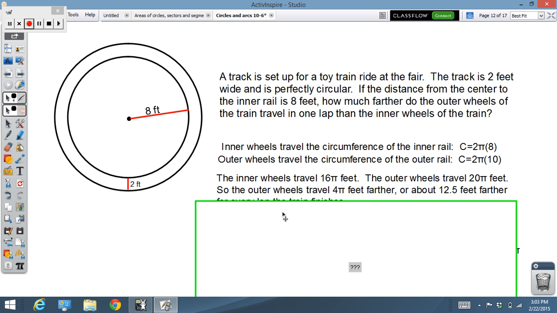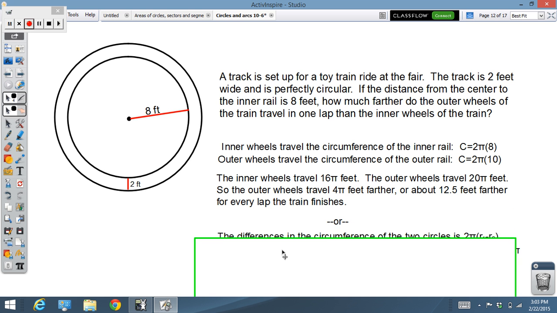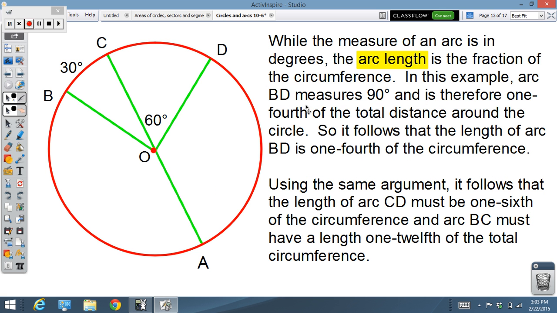Outer wheels must travel 4 pi feet further, or about 12.5 feet. The other way to do this is to use the formula from the previous slide. 2 pi times r1 minus r2 tells us there's a 4 pi difference between the outer diameter and the inner diameter. Okay, good. All right.